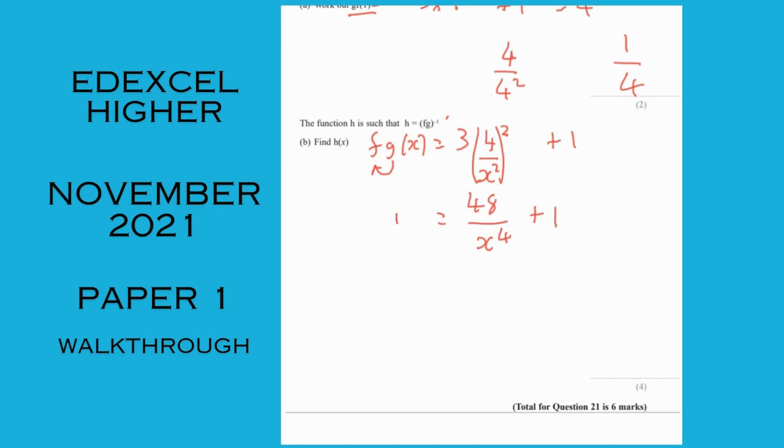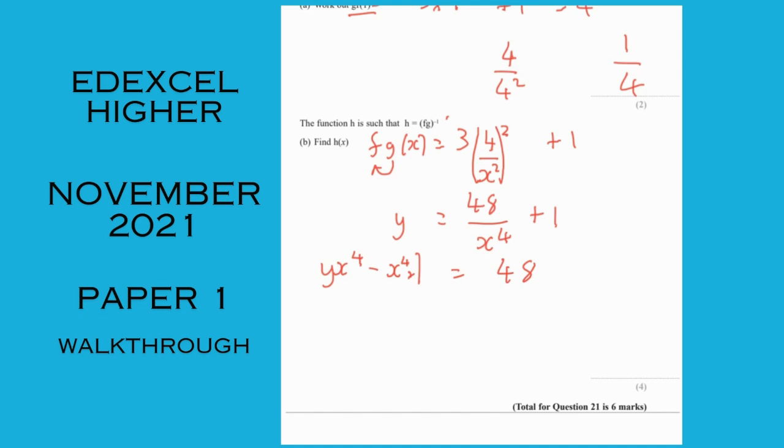And let's call that y, because the key to finding an inverse function is simply rearrange to make x to the 4 the subject. So let's subtract 1 from both sides, leaving a bit of room. Let's multiply everything by x to the 4. Equals 48.